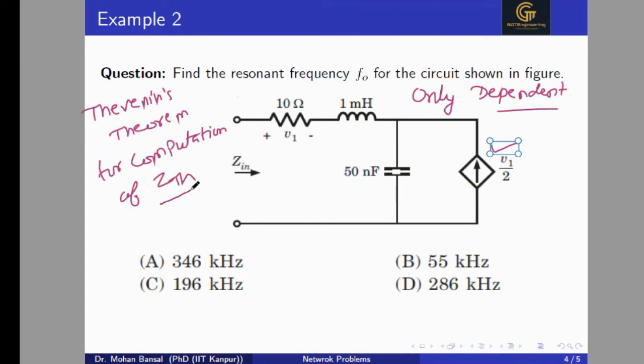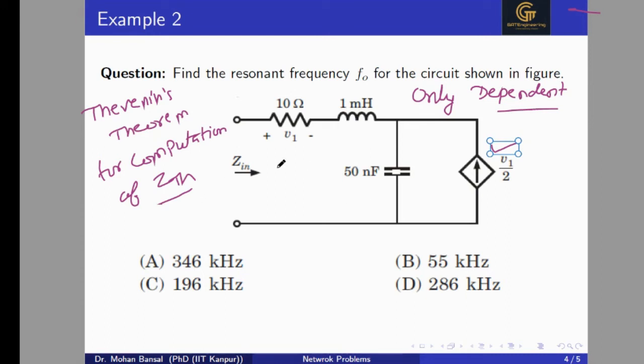How can we find the ZTH when we are given only a dependent source? You can find the link for Thevenin's theorem for dependent source at the top right corner of this video. So I will tell you how we can compute the ZTH when we have only a dependent source.